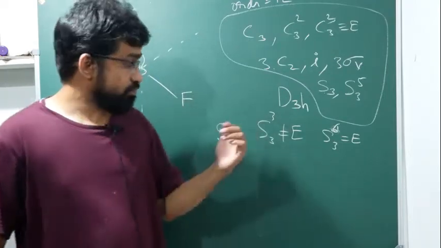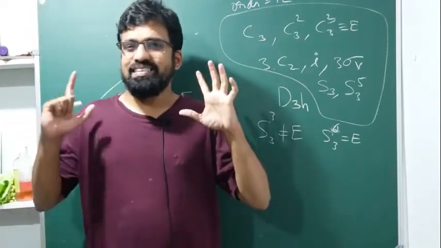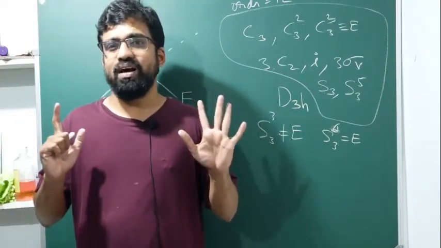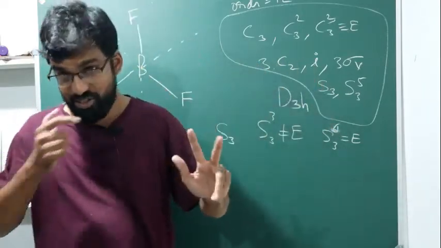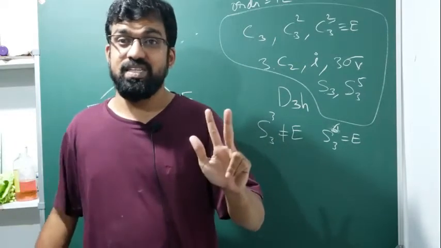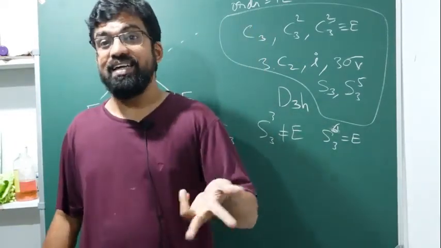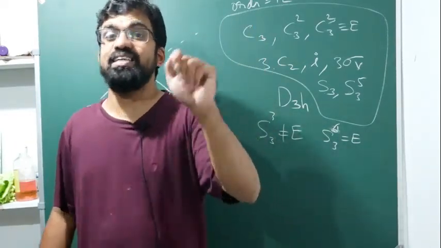Here the symbols are very short. You have CNV, CNH, then DN, DNH, DND.